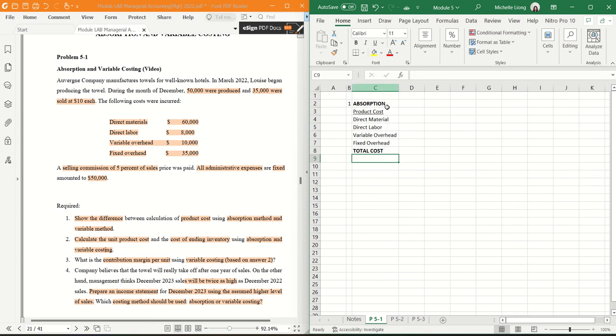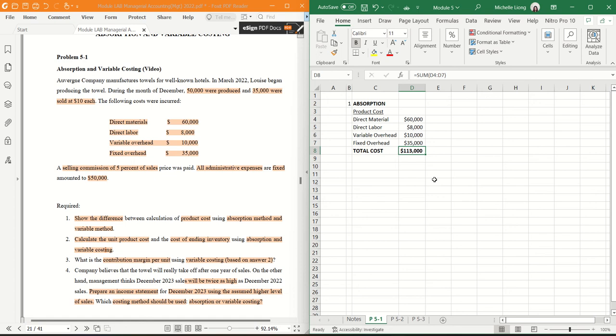Okay, so direct material is 60,000, direct labor is 8,000, variable overhead is 10,000, and fixed overhead is 35,000. And the total cost is the total of those four, sorry. So it's 113. Okay, and we got it for the absorption.